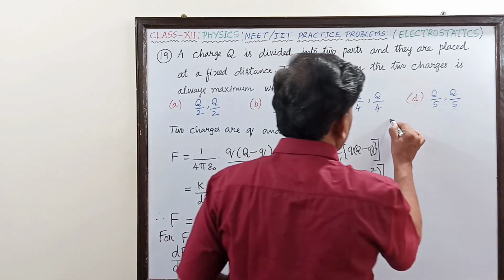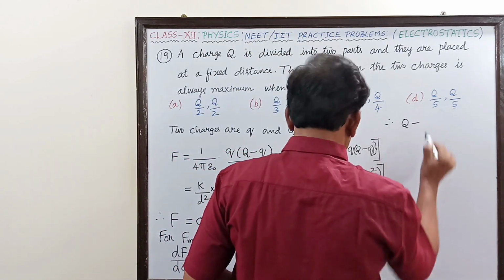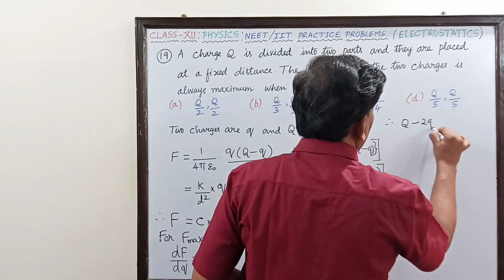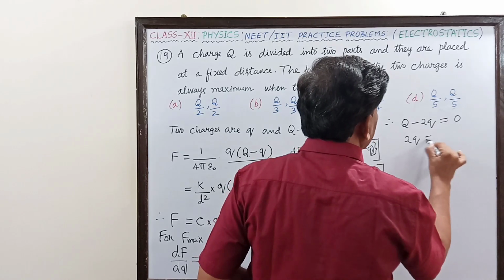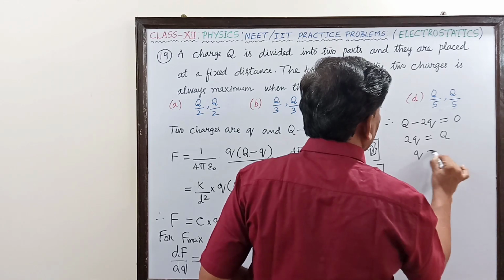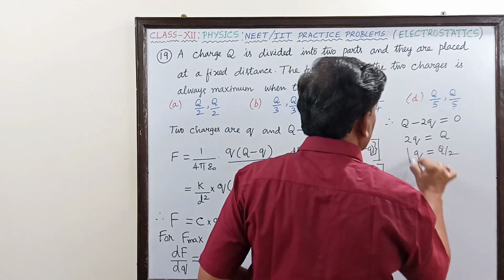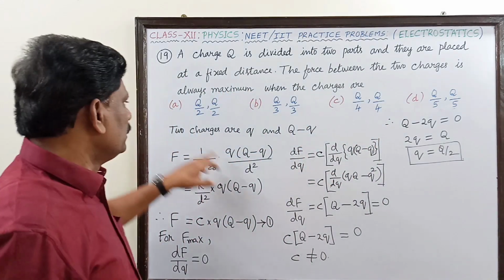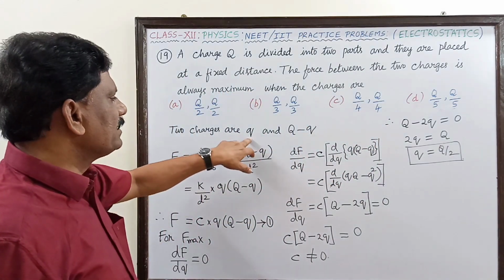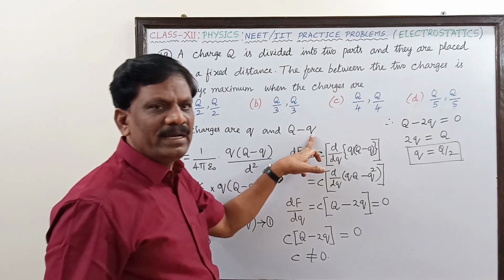Therefore the only chance is that capital Q minus 2 small q must be equal to 0, or 2q is equal to capital Q, and q is equal to capital Q by 2. So we took the two charges as small q and capital Q minus small q.